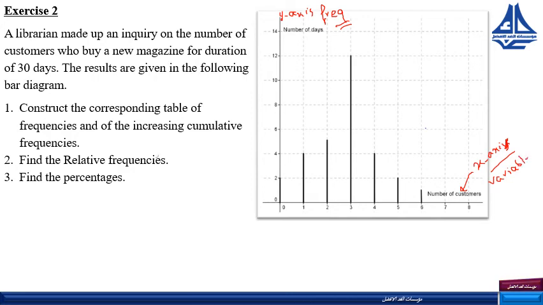The y-axis is the axis of frequency. If we transform this bar diagram into a table, it's much easier now, guys, to find the value of relative frequencies and the percentages. Now I will solve it in more detail.